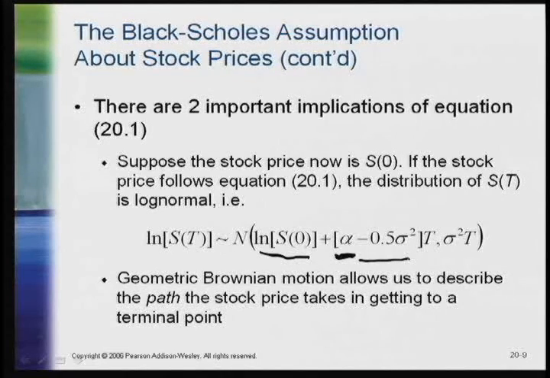Geometric Brownian motion provides more than just this terminal distribution at each point in the future. Stochastic processes are useful because they also allow us to think about the path of stock prices that are followed from time 0 to time t, and allow us to generate a variety of sample paths from time 0 to time t.